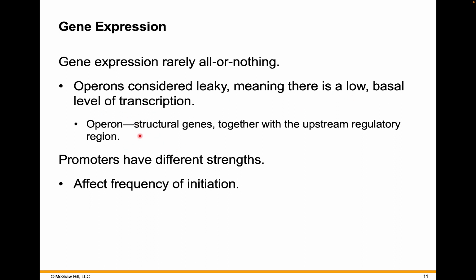An operon is basically structural genes, which means that you should not always think they are going to make a specific structure in the cell. Structural genes means that they could function as an enzyme together, and together with an upstream regulatory region is called an operon.